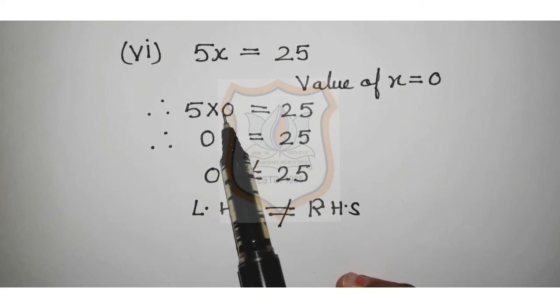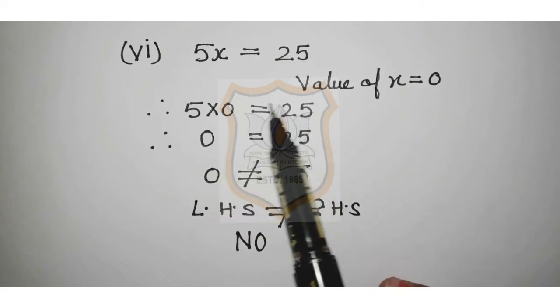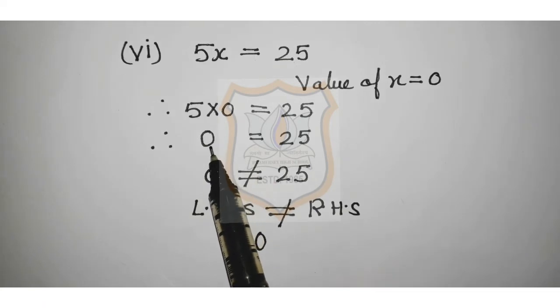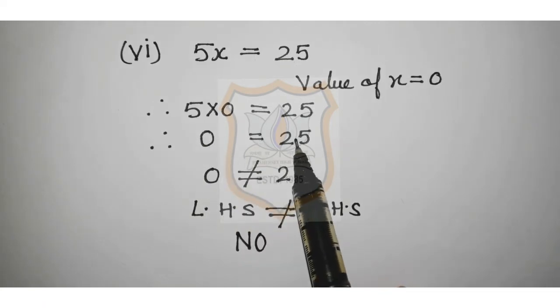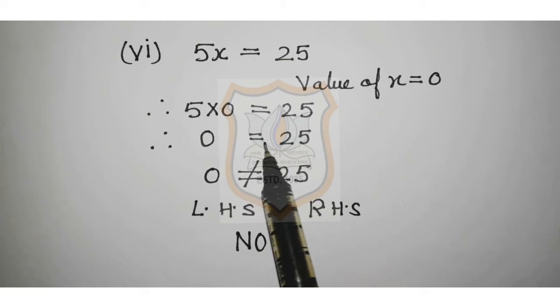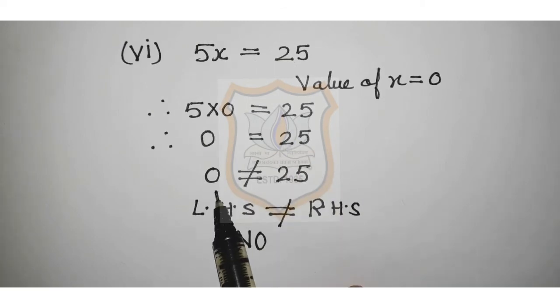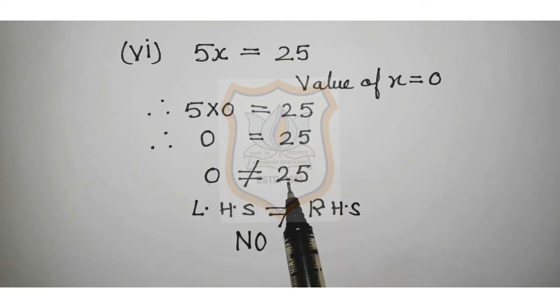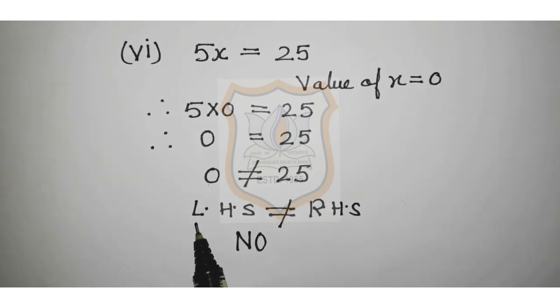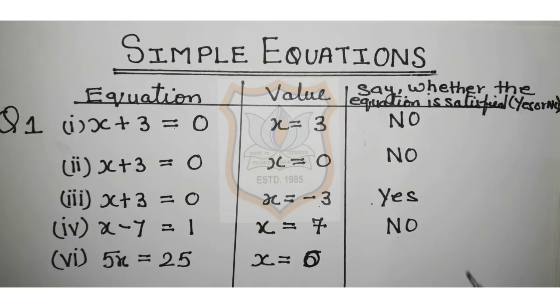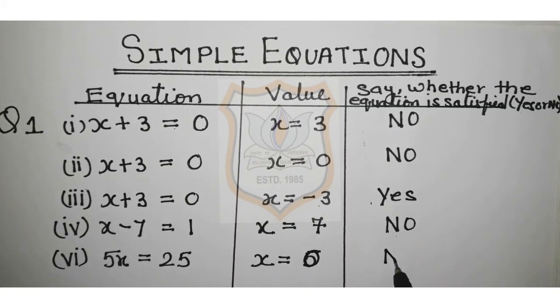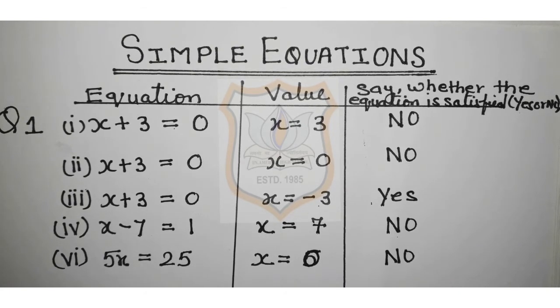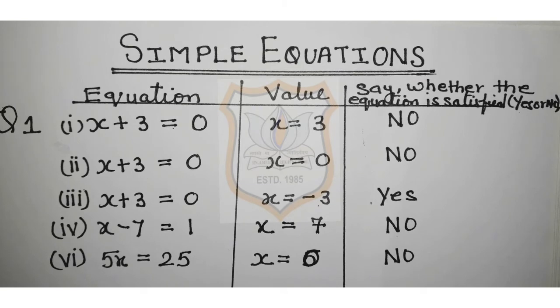So 5 into 0 is equal to 25. 5 into 0 is equal to 0. 0 is equal to 25. But 0 is not equal to 25. So LHS is not equal to RHS. And our answer is no. Here in the table we will write no. The value of x is equal to 0 is not satisfied.